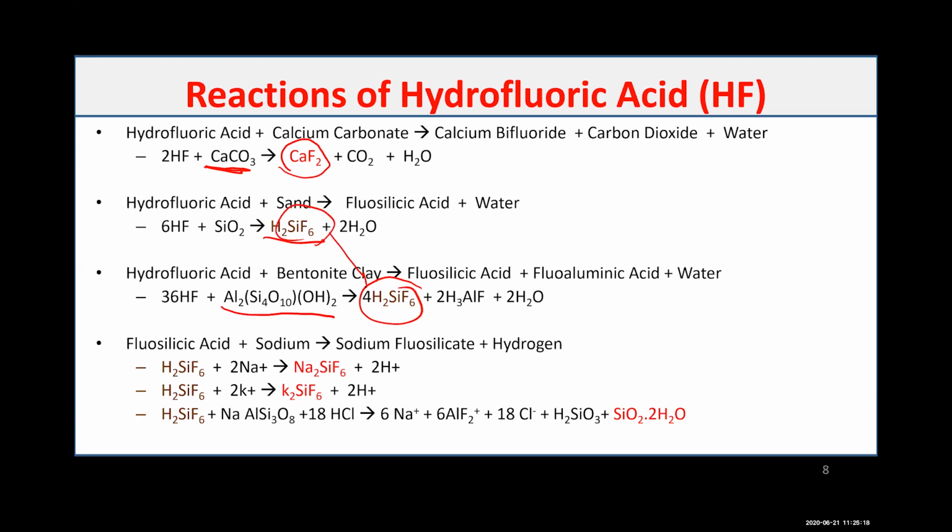Then this acid will react with the sodium and potassium, which either exist in the clay or exist in your formation water, producing sodium fluorosilicate or potassium fluorosilicate, and this is the material that will precipitate. So in HF, you have what we call secondary reaction precipitation, because the reaction happens in 2 steps, and sometimes in 3 steps. And all this material is actually a precipitation.